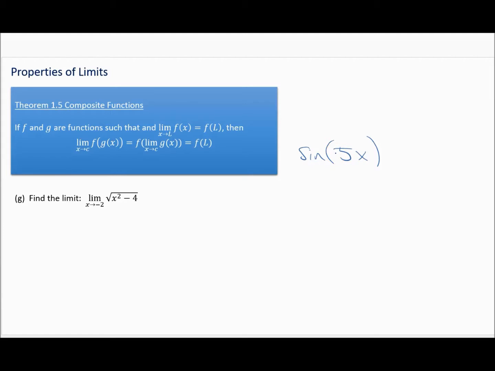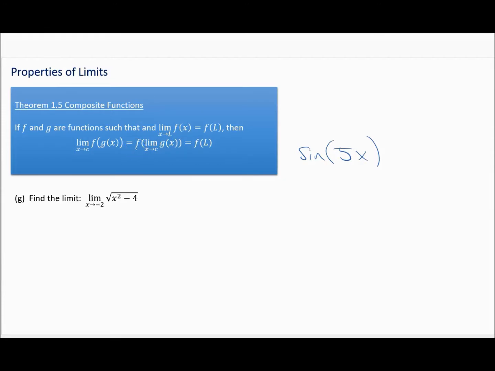Now this theorem says if f and g are functions such that the limit as x goes to L of f of x is f of L, in other words, you are allowed to plug L directly into your function, then you can say the limit as x goes to c of f of g of x. So you plug a function inside another function. That's the same as taking the limit of the inside and then plugging that into the outside function.